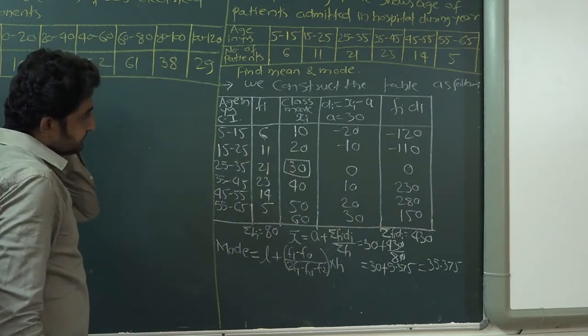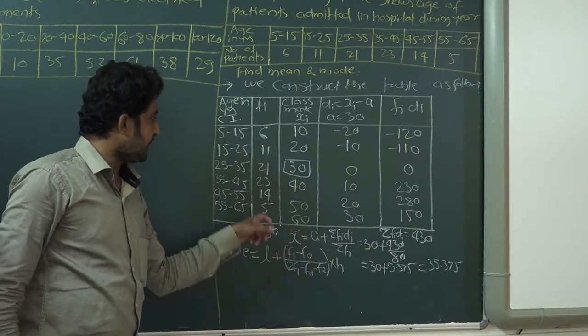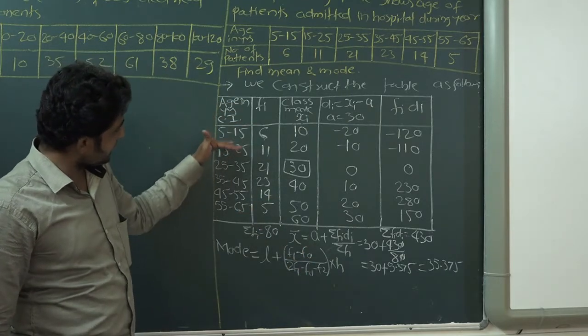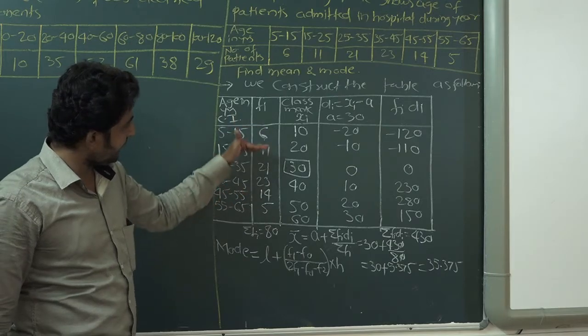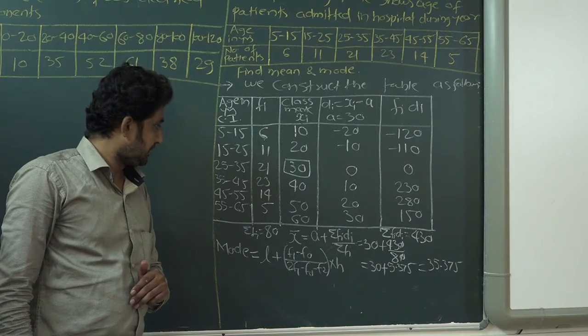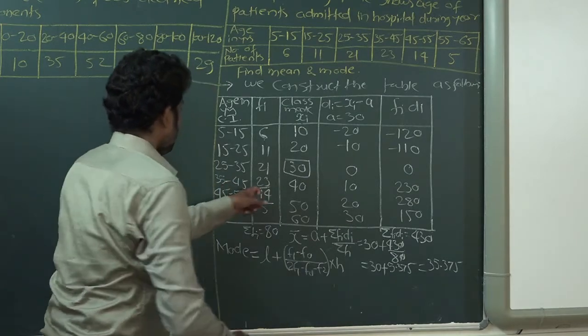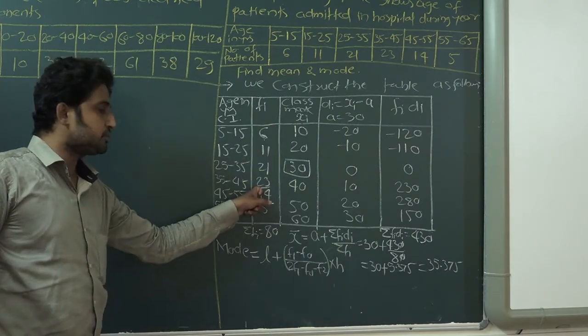Now dear students, from this you will find these values. Now tell me in which class interval you find the highest frequency. Correct, this 23, so this is the highest frequency.